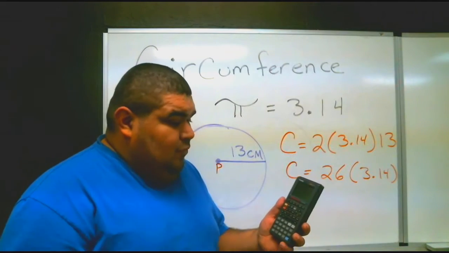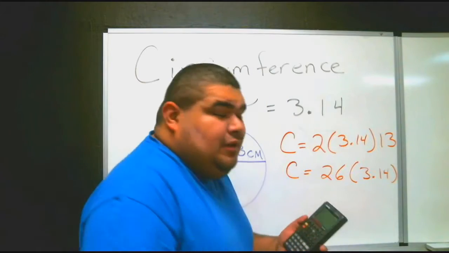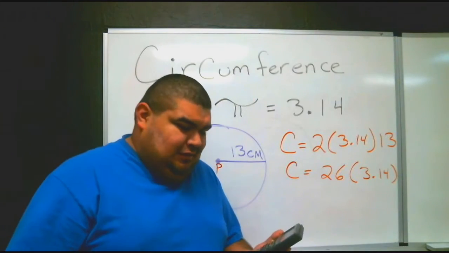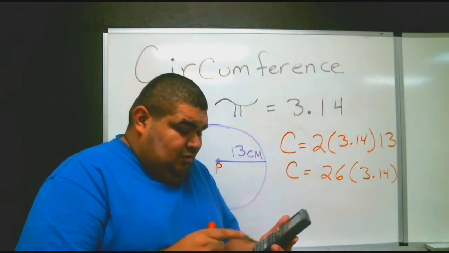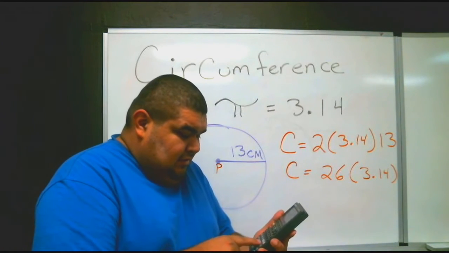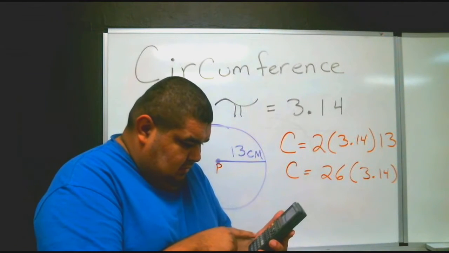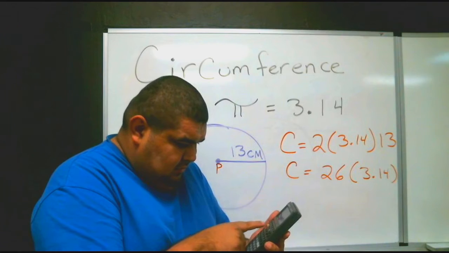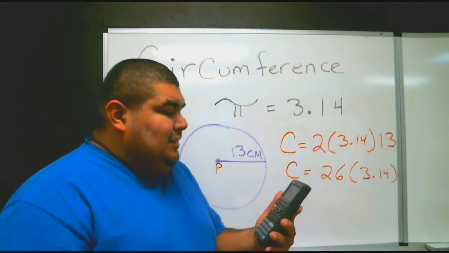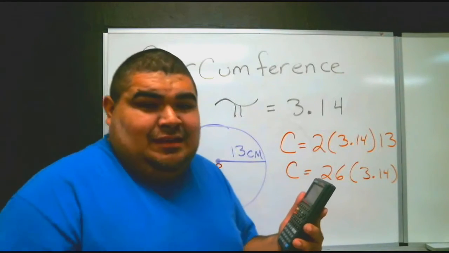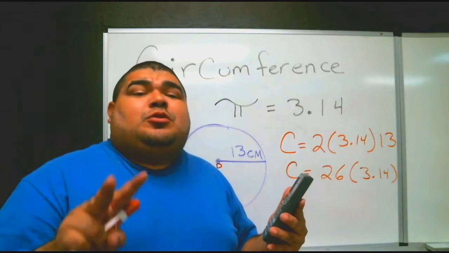It should give you 81.64, okay? If you plug in the actual pi, it should have given you 26 times, let me see, where's my pi here? Here we go, shift pi. 81.68140899. We're only gonna round to 2 decimal places.